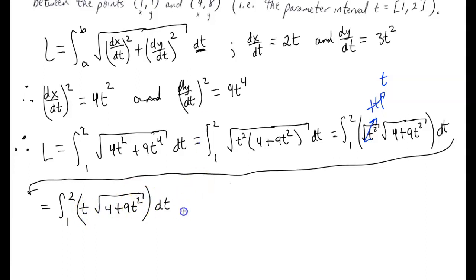Here we're going to let u equal everything that is under the radical. So let u equal 4 plus 9t squared.